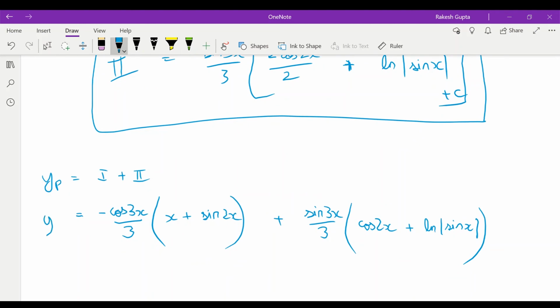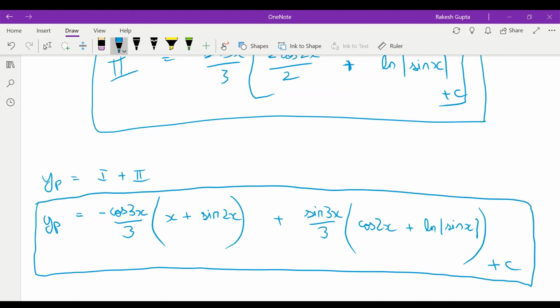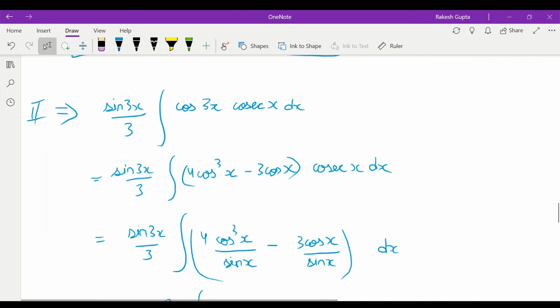So this is a particular solution plus c, the constant of integration. So we have our particular solution now using all these steps.